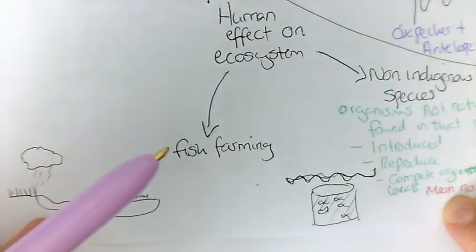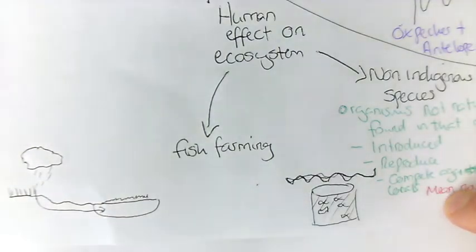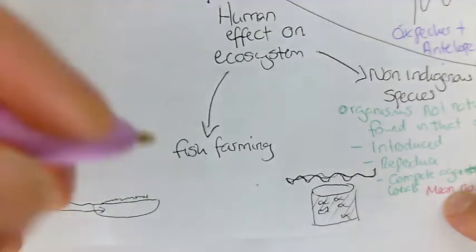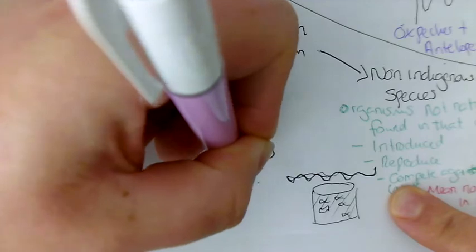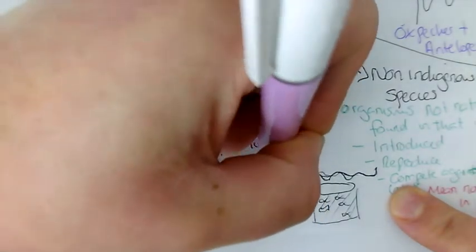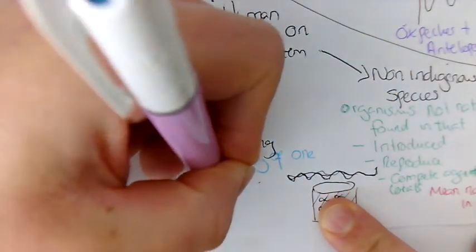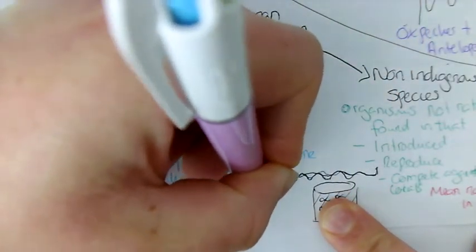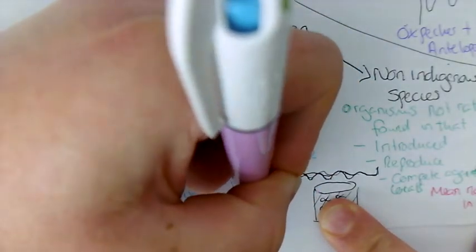It can also cause diseases from farmed fish into the local population, and then it can spread amongst the wild fish. So fish farming is the growing of one kind of fish in an area or tank.